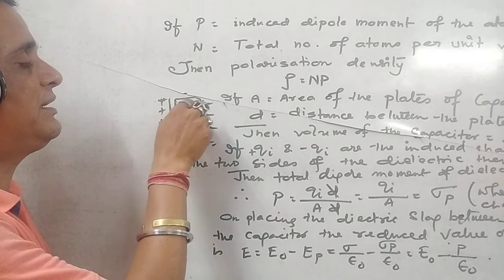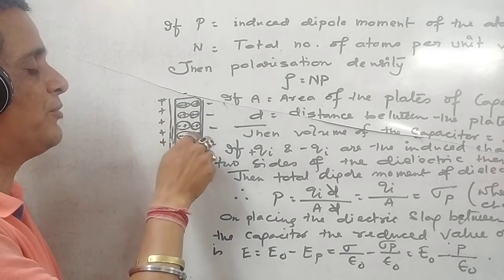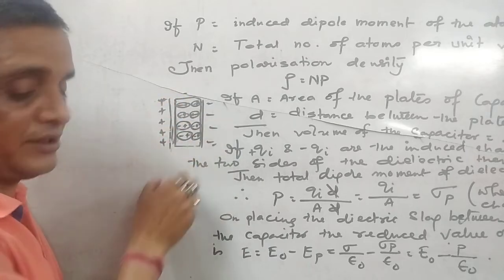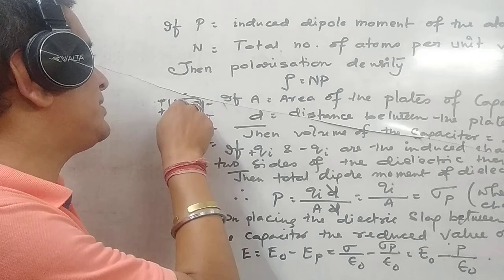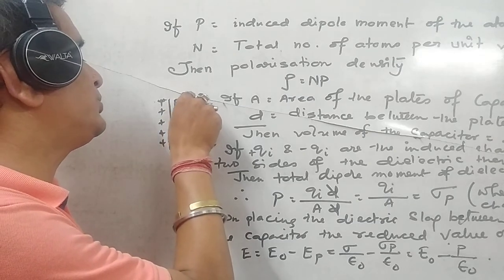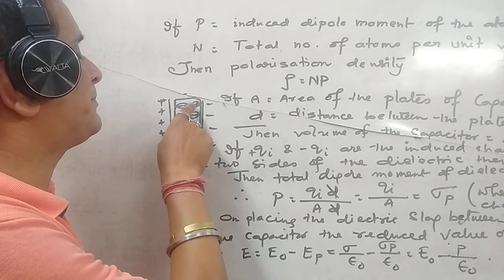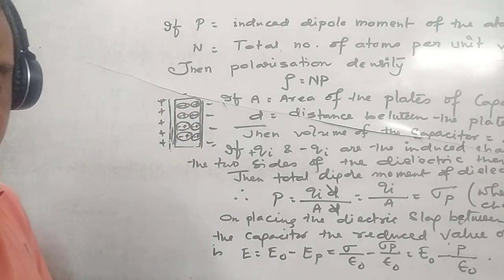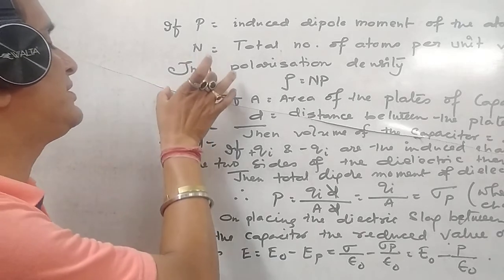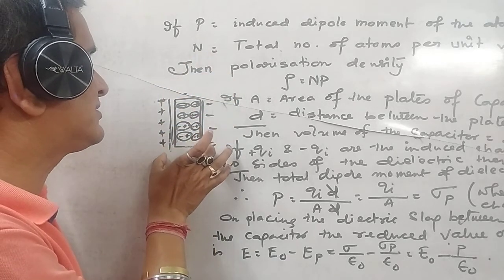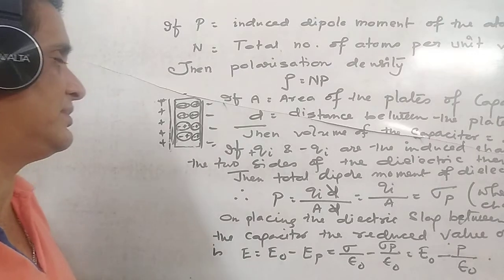They will attain a dipole moment. That dipole moment developed per unit volume in a dielectric when it is placed in an electric field is known as polarization density. Is it clear?